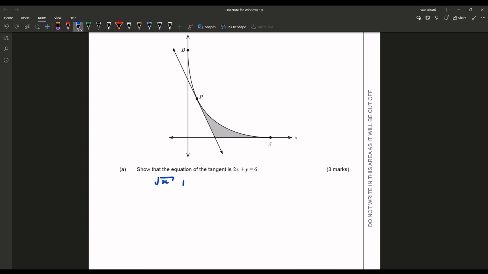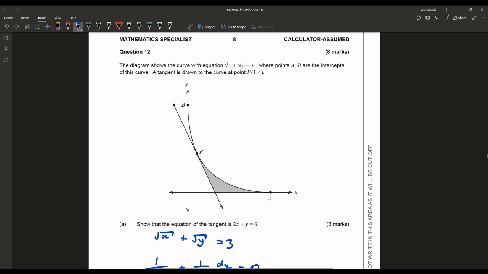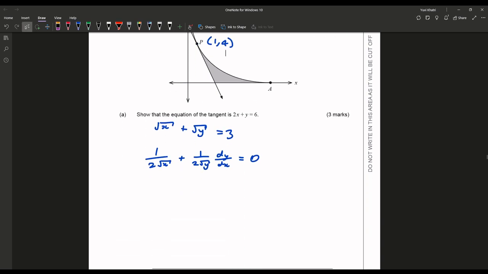So we have root x plus root y equals 3. And now we just differentiate everything. So we've got 1 over 2 root x plus 1 over 2 root y times dy/dx equals 0. And now we know that the tangent is at (1, 4), so let's just sub that in.